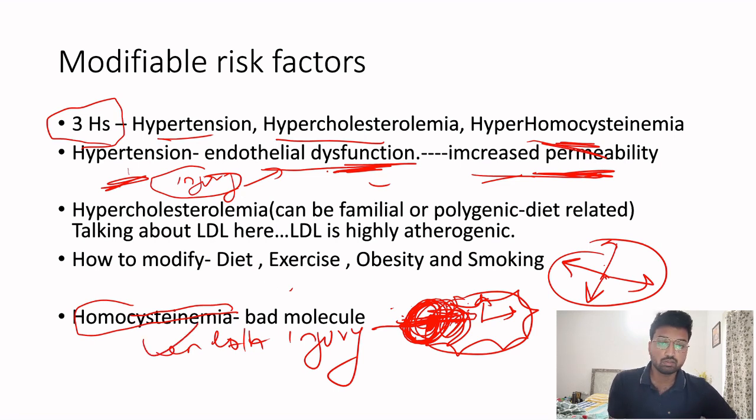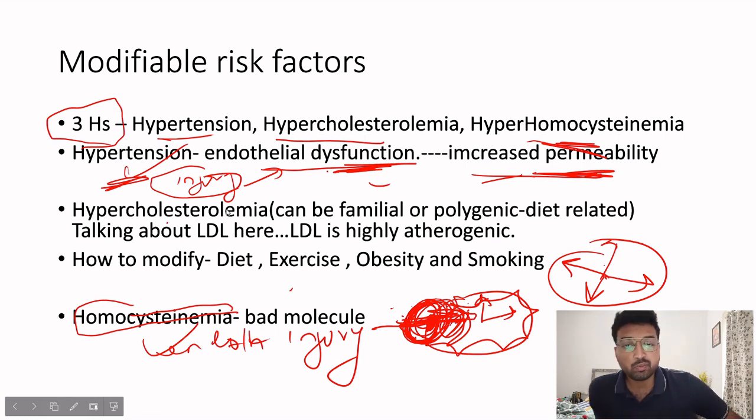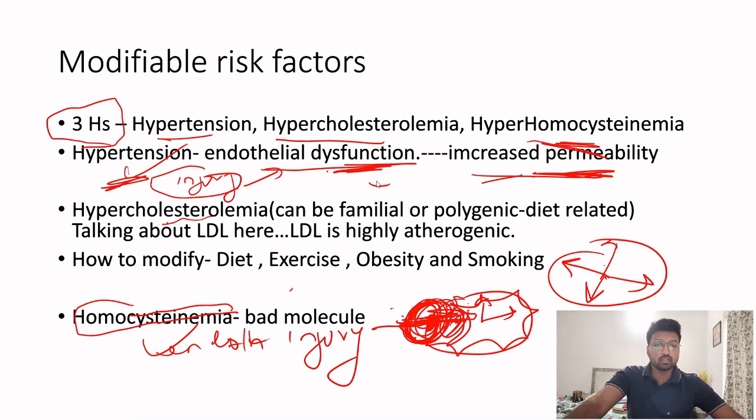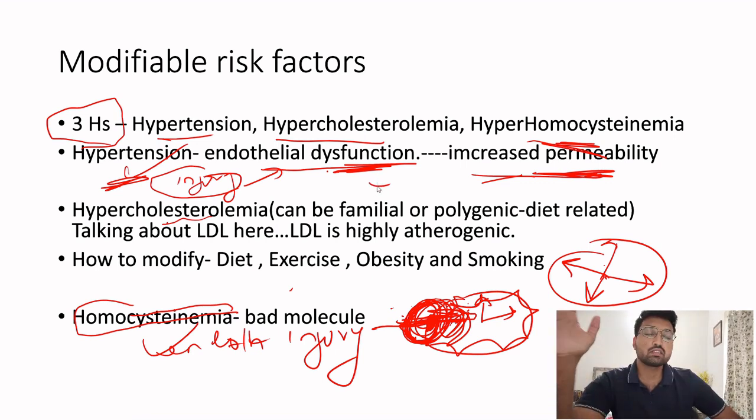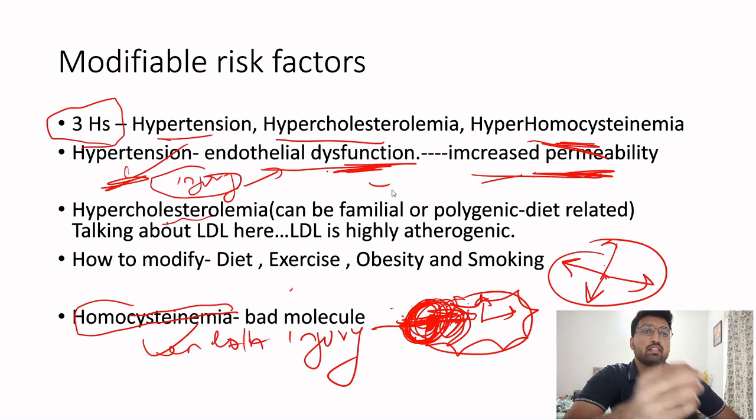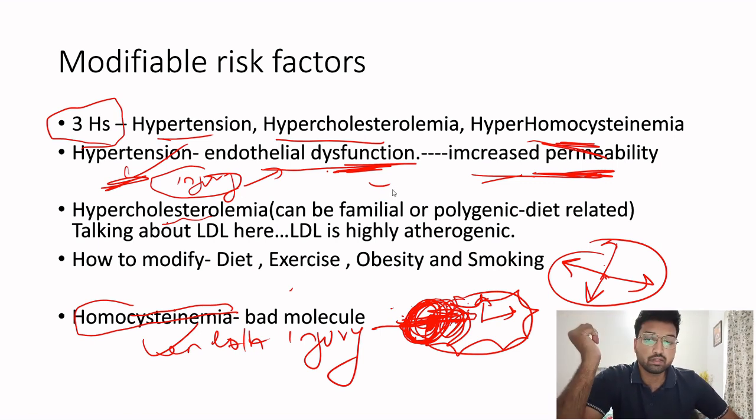So what about hypercholesterolemia? Hypercholesterolemia means there is an increase in cholesterol levels. How does it occur? You have to understand that cholesterol is a lipid. Cholesterol is not going freely in the blood. It is carried by lipoprotein.